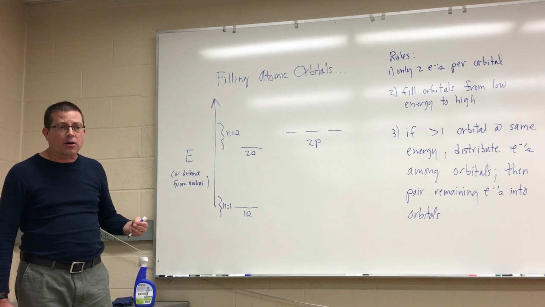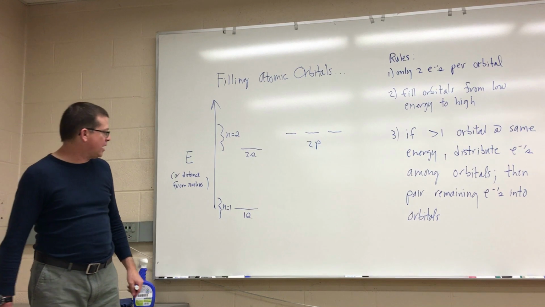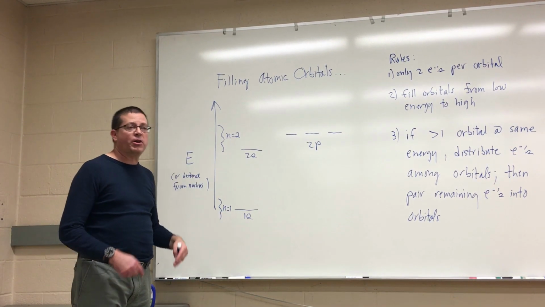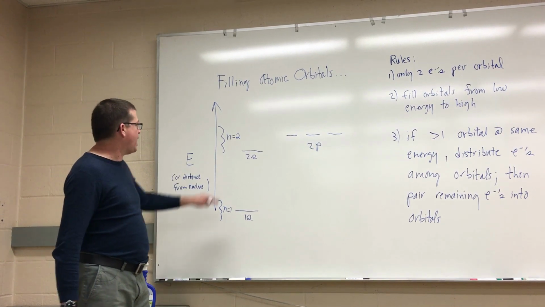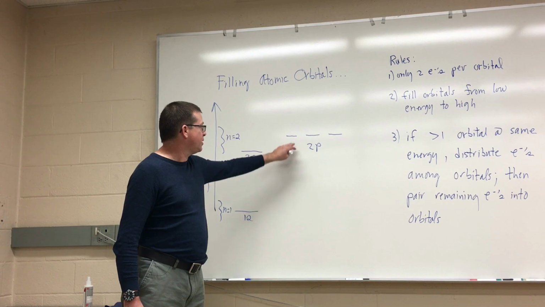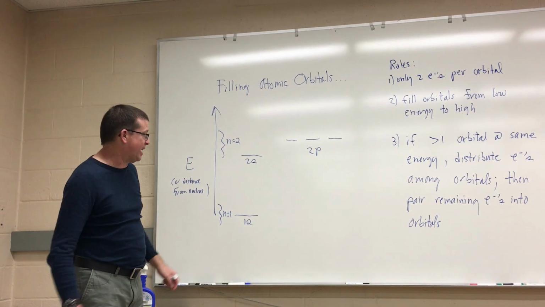And of course, within those, we have some number of orbitals that we can work with. For the n equals 1 level, we only have a single s orbital. But if we go up to the n equals 2 level, we have a single s orbital, but then we gain a set of 2p orbitals: the 2px, the 2py, and the 2pz, as we discussed in class.